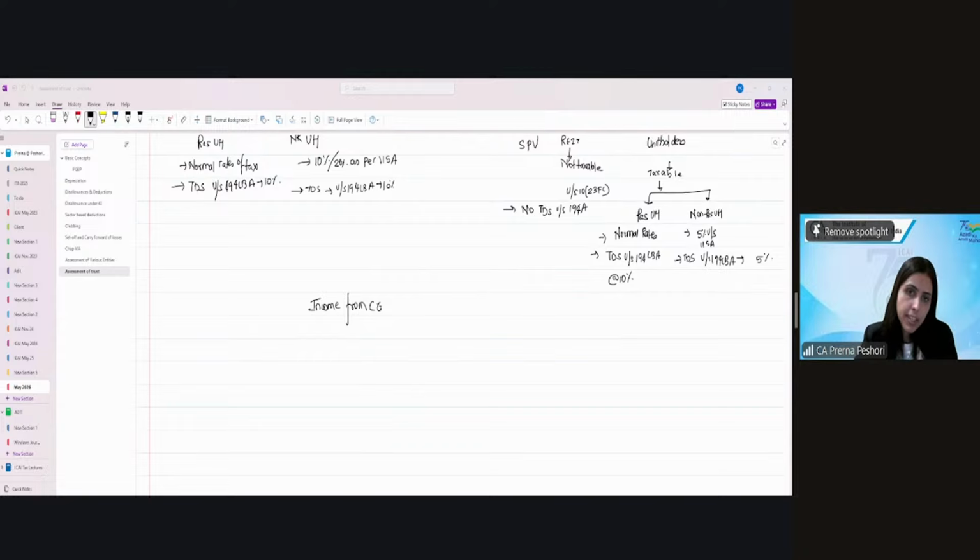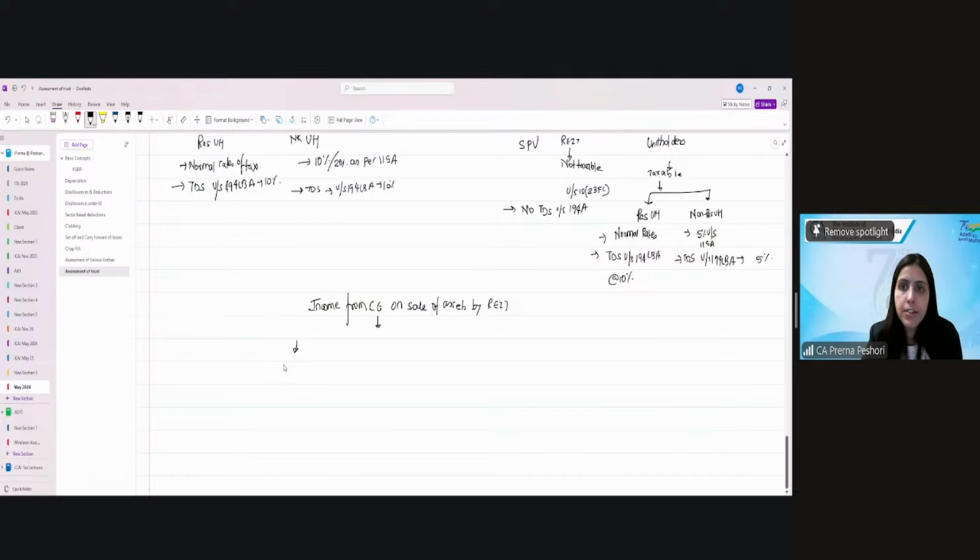In that particular case, in case of the sale of equity shares which are long term, or in case of any other asset, 112 will apply, or 112A will apply for equity shares. Clear?